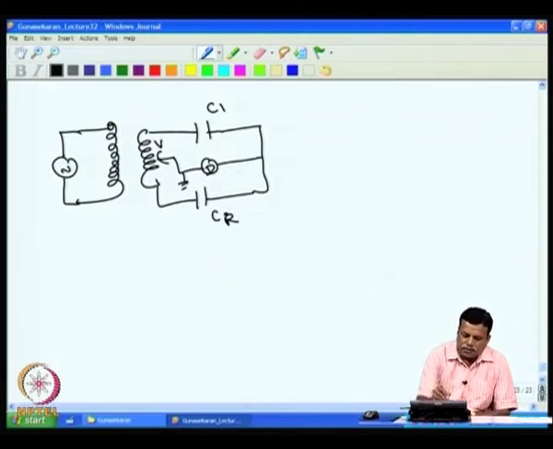This is V1, V2 you had, and this is a ratio transformer bridge. This is a ratio transformer.